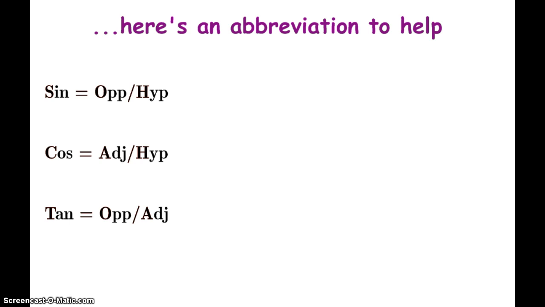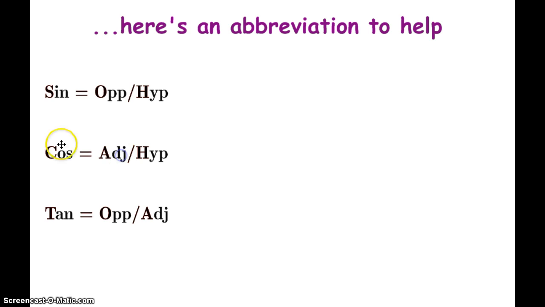We abbreviate cosine by taking off the I-N-E and just making it C-O-S, cos, the first three letters. And that is the ratio adjacent to hypotenuse, so adjacent over hypotenuse. And for tangent, our tangent ratio is opposite to adjacent, so tan equals opposite over adjacent. So we can shorten the words a little bit.